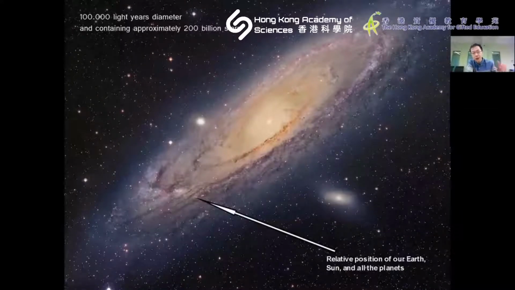if we zoom our image to a further position, we see the Milky Way, okay? This is not actually a photo which we actually took, because so far there is no spaceship which can fly as far as the boundary of our galaxy.